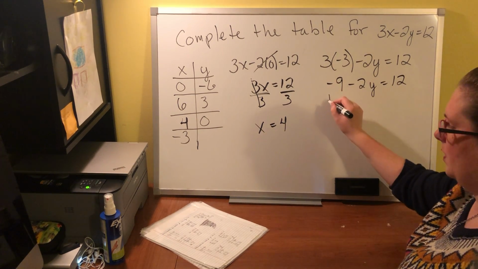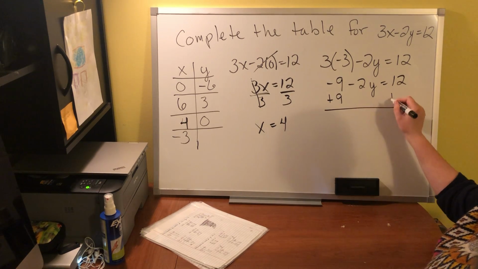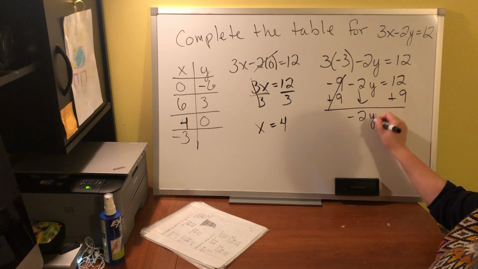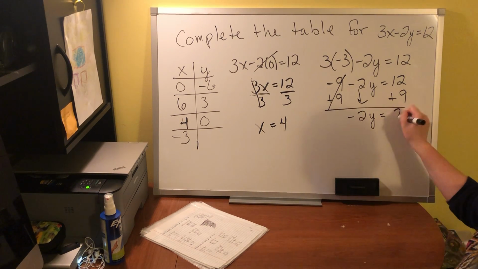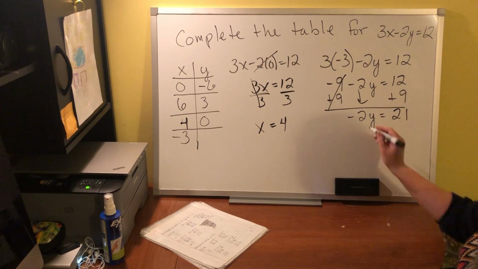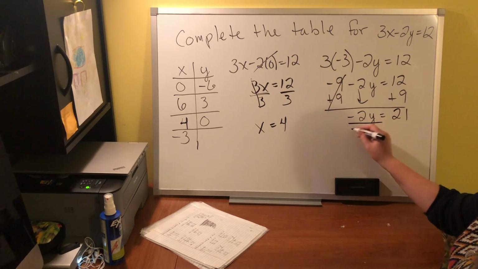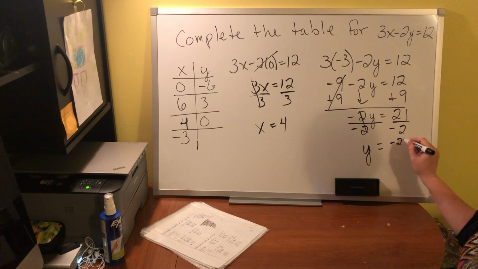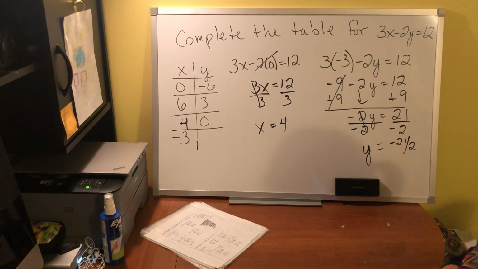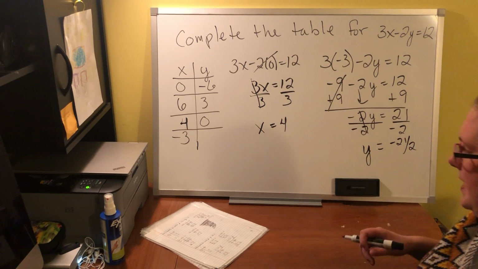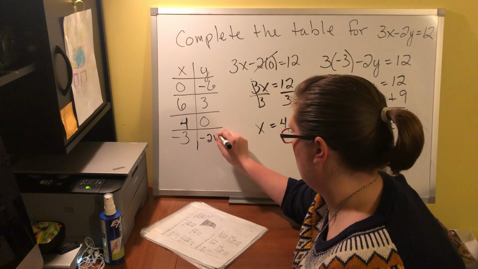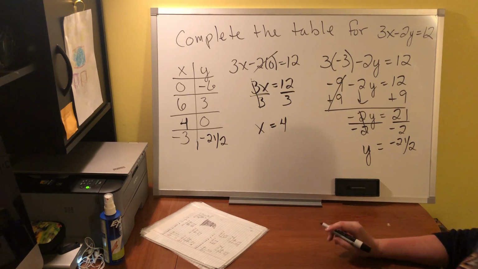We add 9 to both sides so the 9's cancel. Bring down negative 2y equals 12 plus 9 is 21. Then we divide both sides by negative 2. So y is negative 21 over 2. I'm okay with you leaving it like that for now.